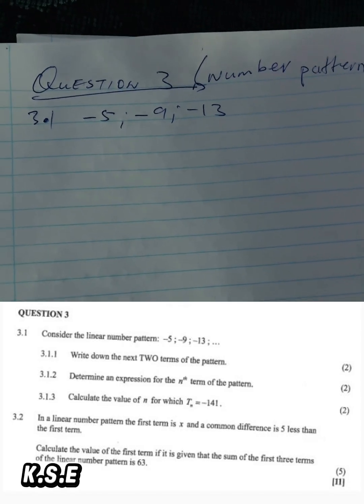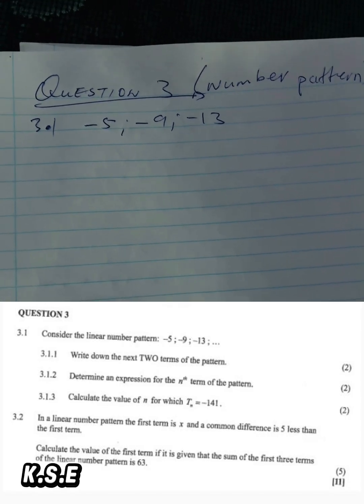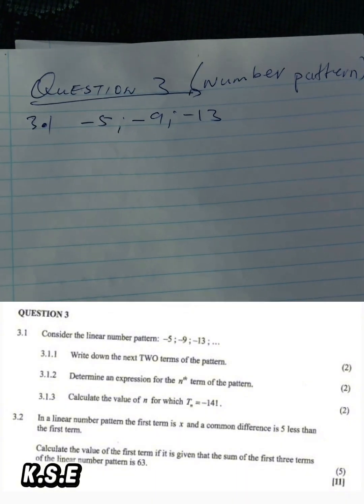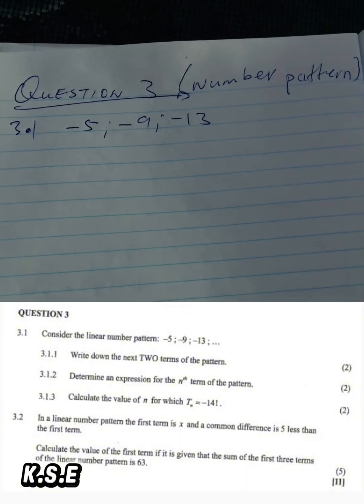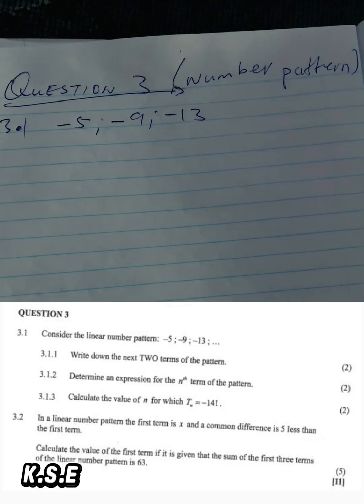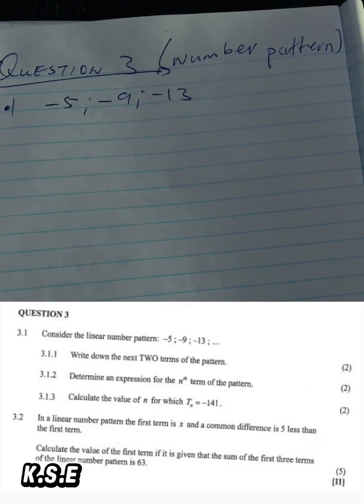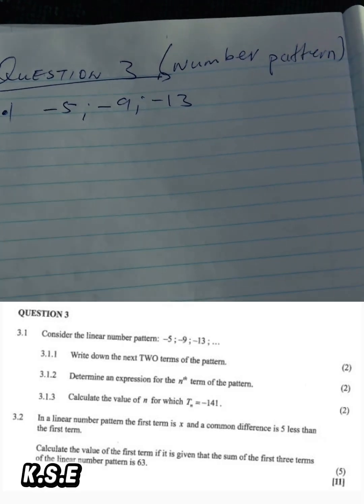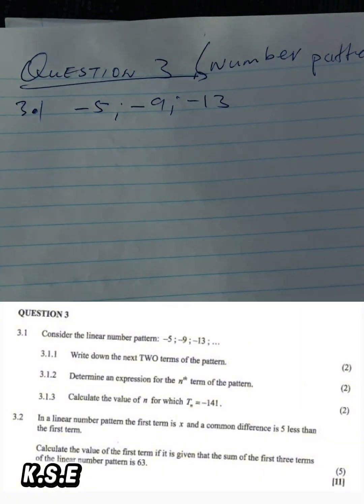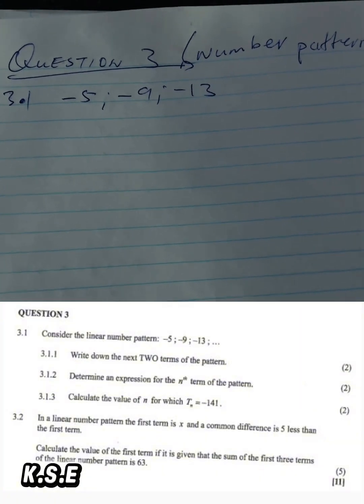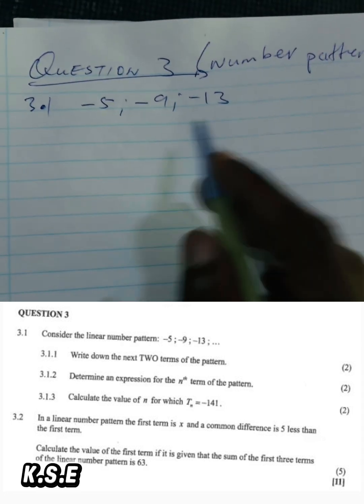You can just pause the screen and try it yourself, and answer the questions. It's very simple, it's approachable. We want to practice as much as we can so we can understand the number pattern and how they ask questions when it comes to exam purposes.